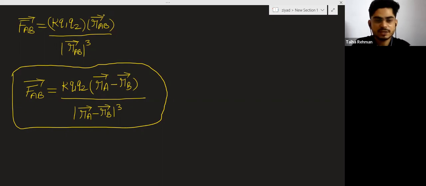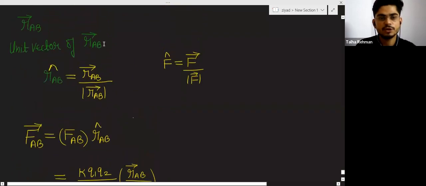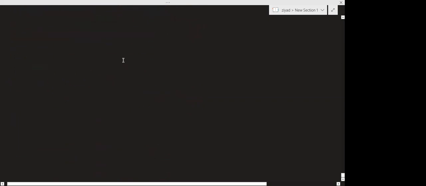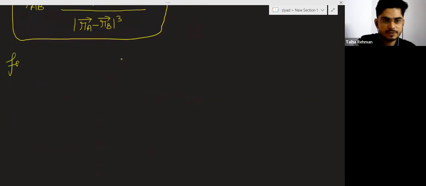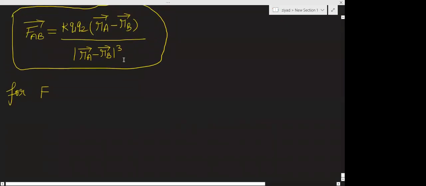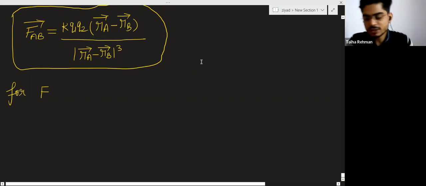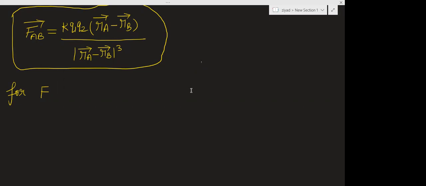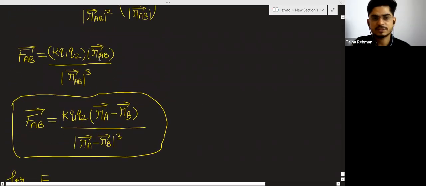If you want to write F_BA, same thing you will do. So why do we split AB? Because you can read the question in terms of position vector of A and position vector of B. The main reason is that the vector can be written in this form also.